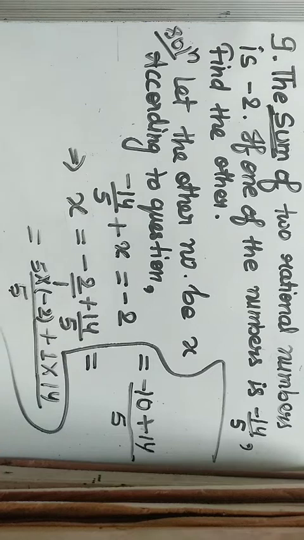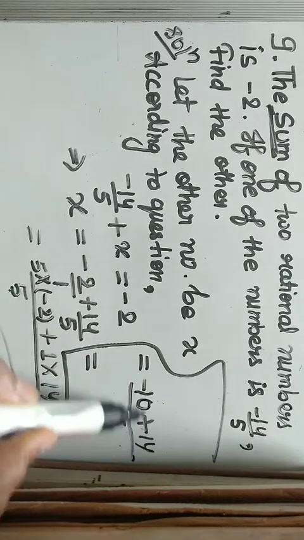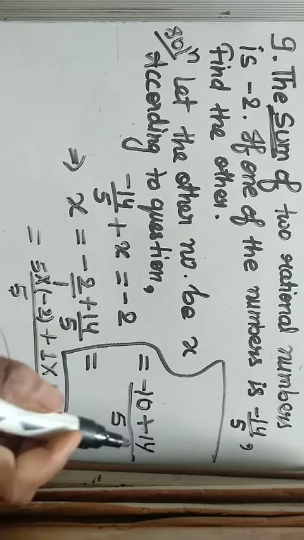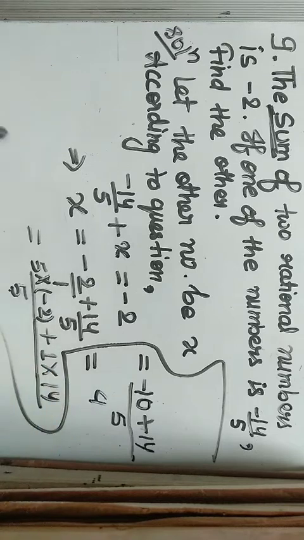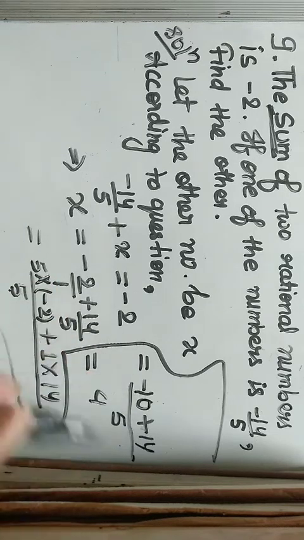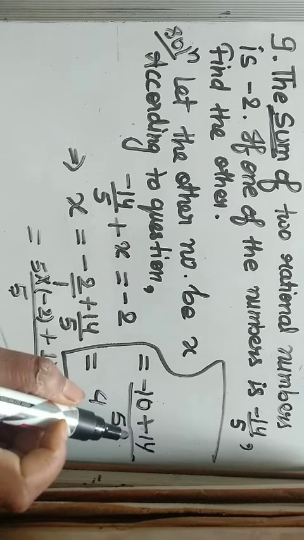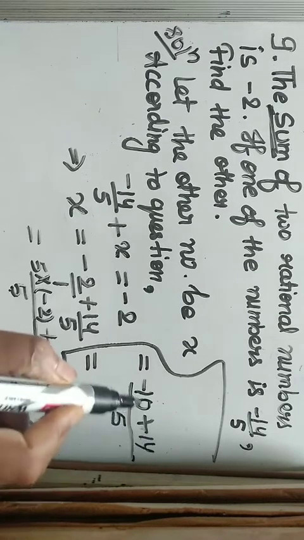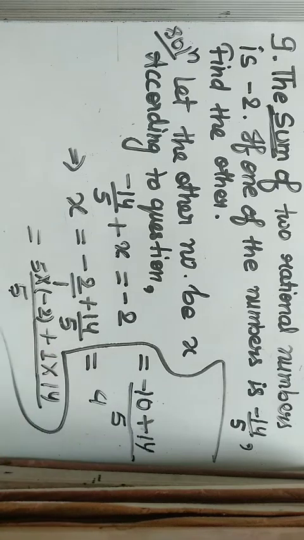So minus plus minus, and the sign is of the greater number, so 14 minus 10 is 4, and the sign is plus, because 14 is greater than 10 and before 14 we have the plus sign. So 4 by 5.